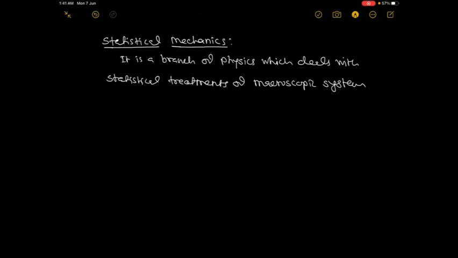Now what is a macroscopic system? That macroscopic system which consists of very large number of microsystem. That is, we just take one example, gas system.